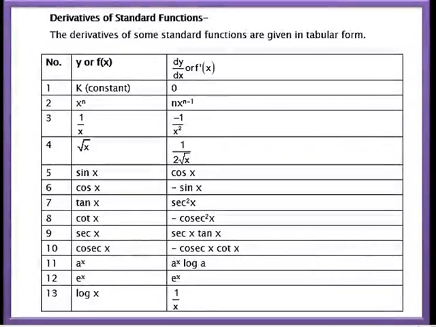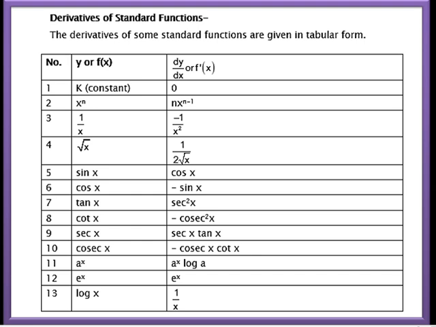Now before we discuss the rules of differentiation, let us revise standard formulae. Which functions are called standard functions? Functions like x raised to n, the power function, then exponential functions like e raised to x, a raised to x, logarithmic functions, 6 trigonometric functions, 4 inverse trigonometric functions.